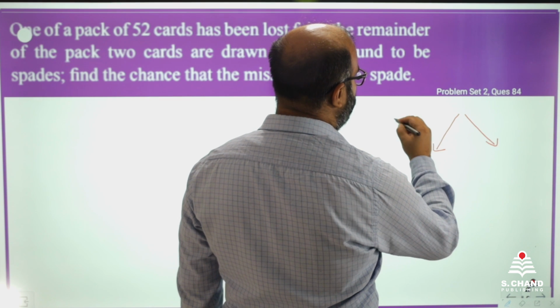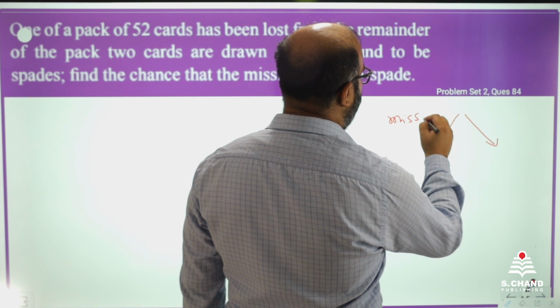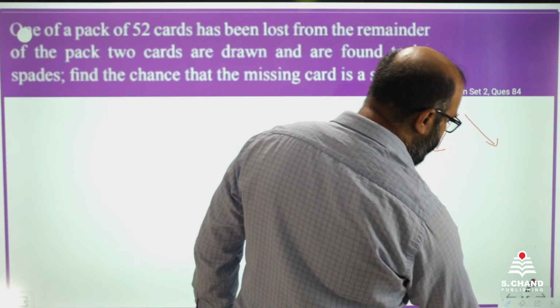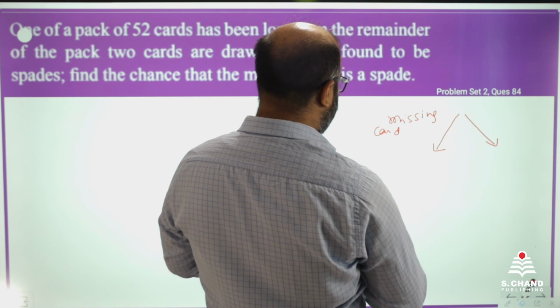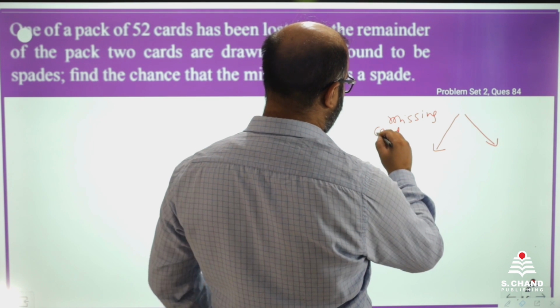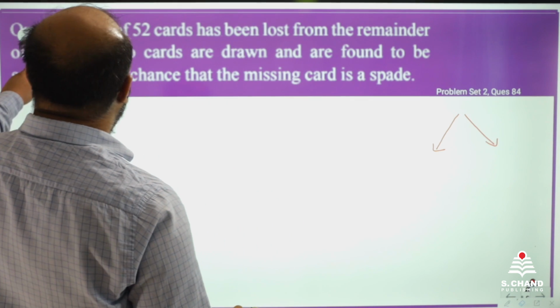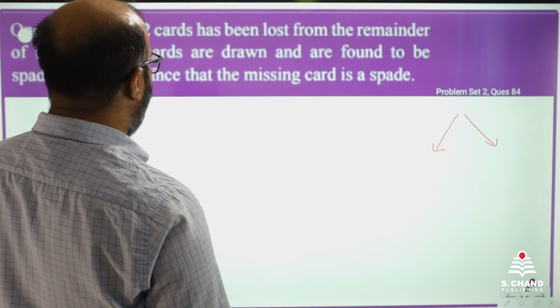Suppose the missing card is a spade is one case which we have to see, and it is said that when you take two cards they are found to be spades.